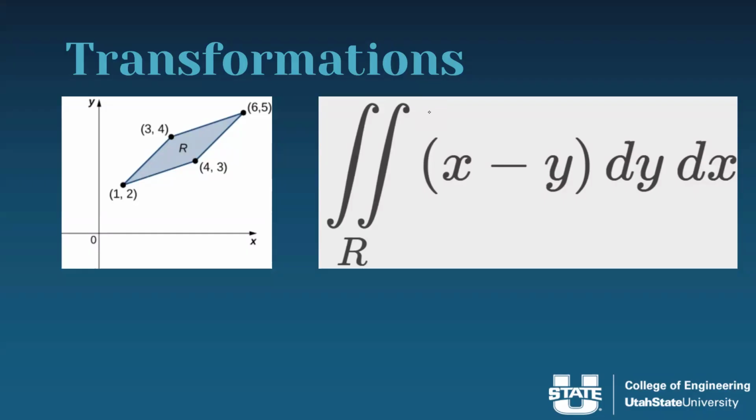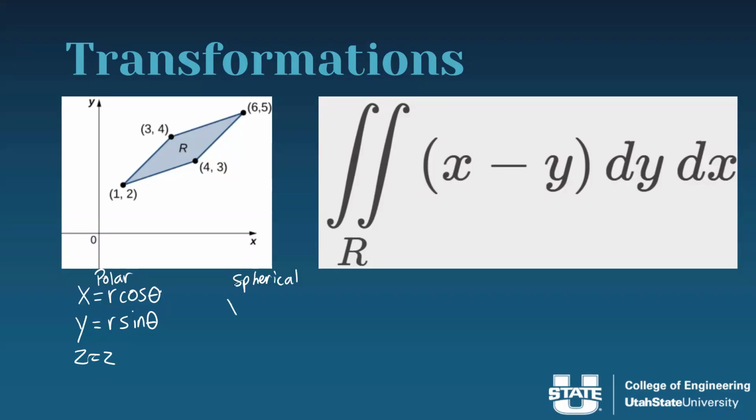We're going to talk about transformations, and this idea is used very commonly in Calc 3 with polar and spherical transformations. This is polar: x equals r cosine theta and y equals r sine theta, and z equals z. So that was polar, and spherical.